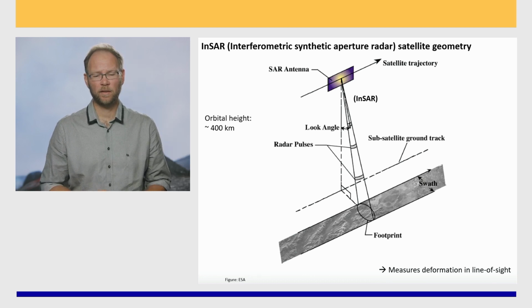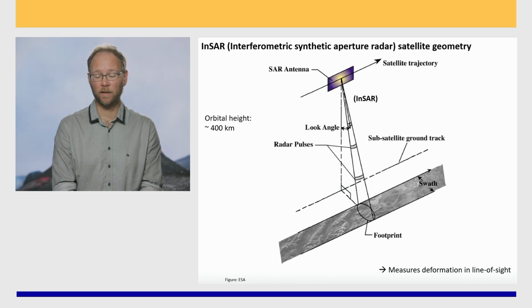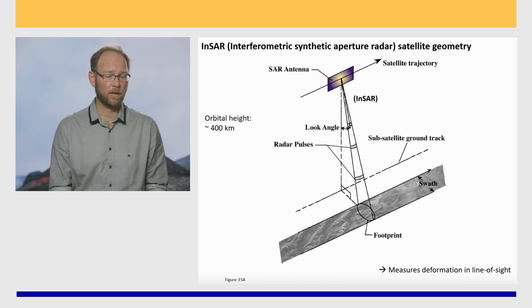That means it measures a combination of deformation in the vertical and horizontal directions, and this is called the line of sight deformation. The radar signal illuminates some part of the ground, and this footprint is different between the different types of InSAR satellites. Sometimes it's large, sometimes it's rather small.